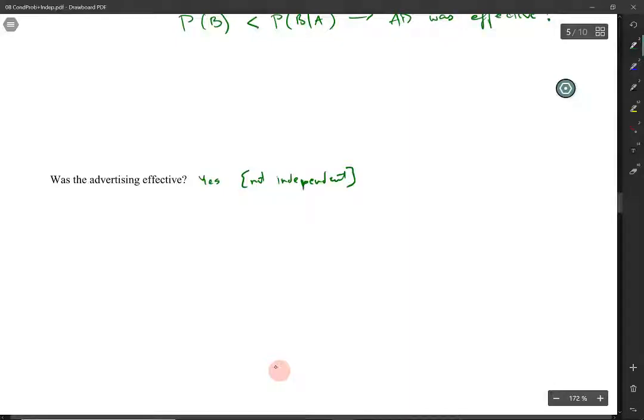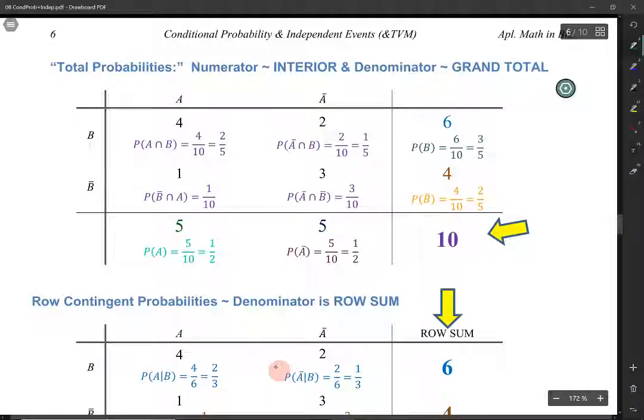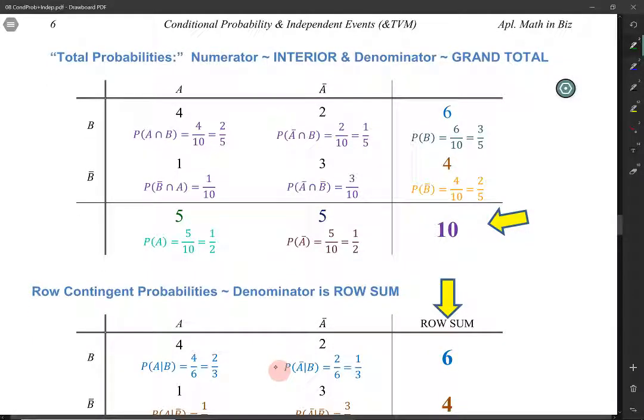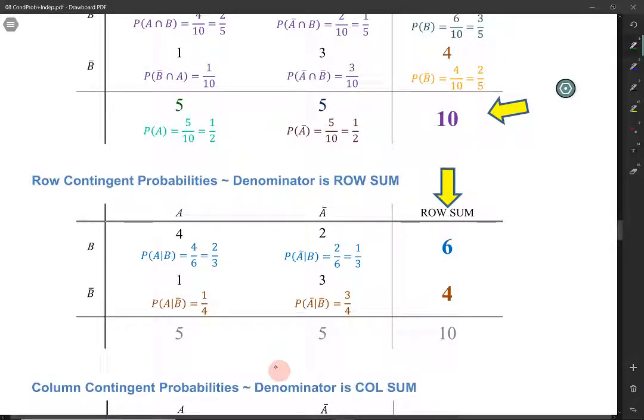Okay. Now, I want to make sure that you understand that this contingency table really distills a lot of information. It really contains so much information, right?